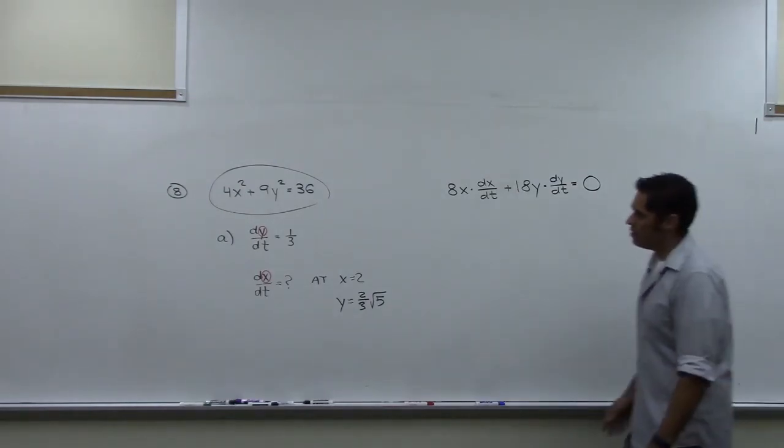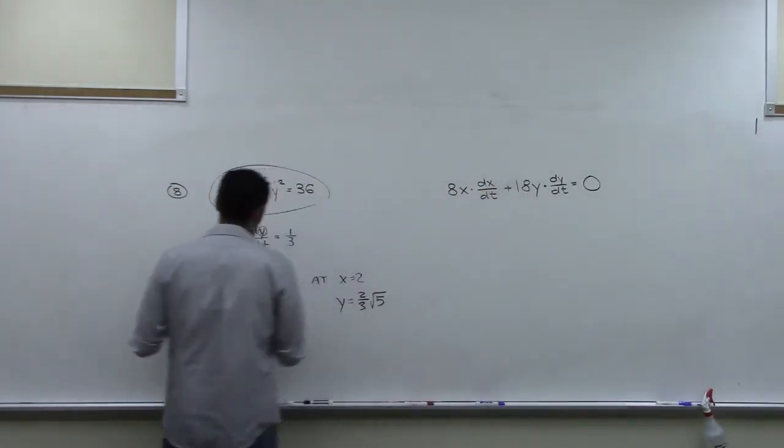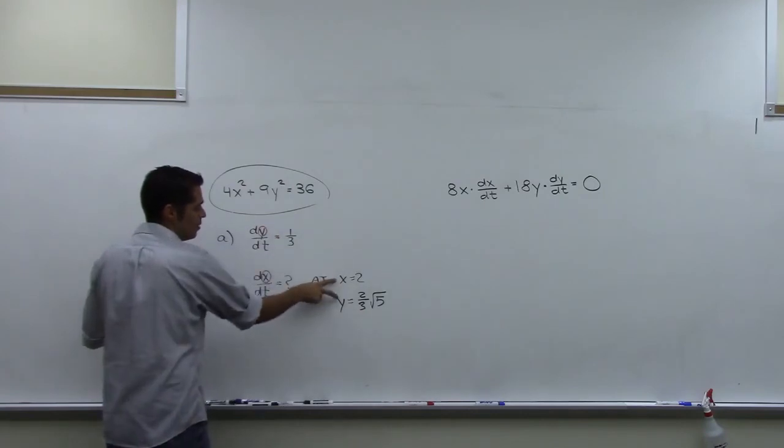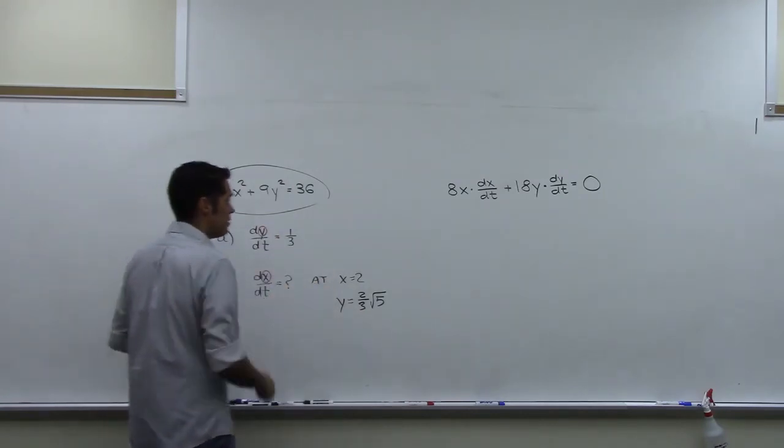And notice that in this new equation, dx/dt is in there, dy/dt is in there, I know what that is, x and y are also in there, and I know what those are. So I should be able to solve for this.